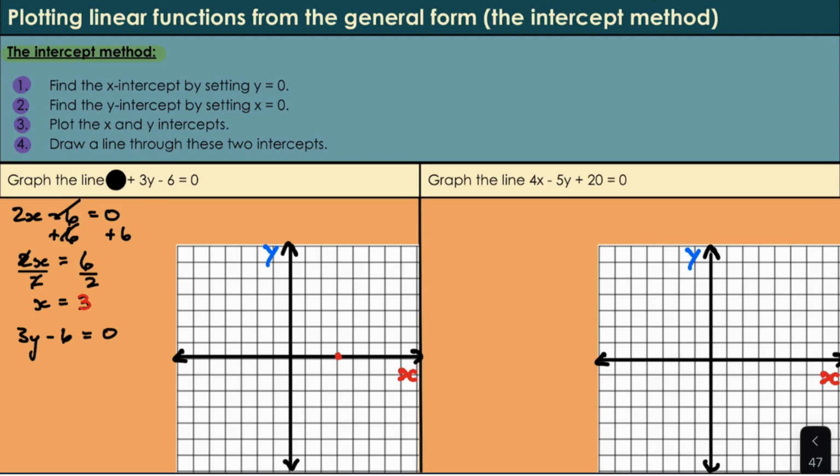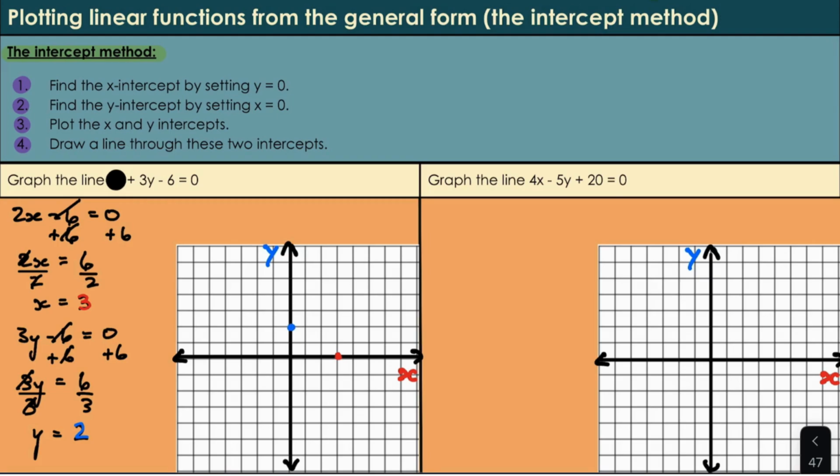Solving for y, I add 6 on both sides. 3y comes down. Negative 6 cancels with positive 6. 0 plus 6 is 6. The coefficient of y is 3. I divide by 3 on both sides. 3's cancel. Y equals 6 divided by 3 is 2. So I now have my y-intercept, 2. I plot the point 2.